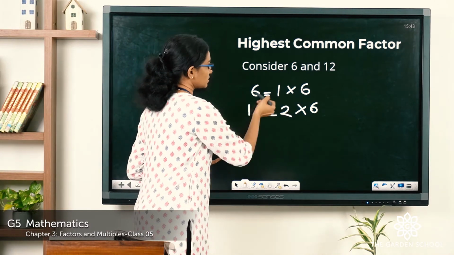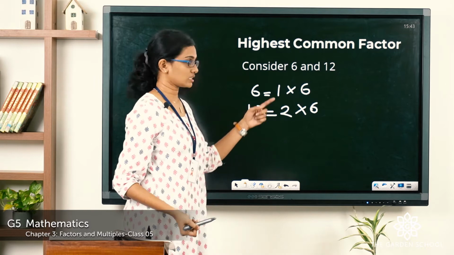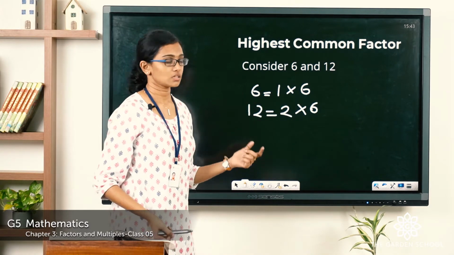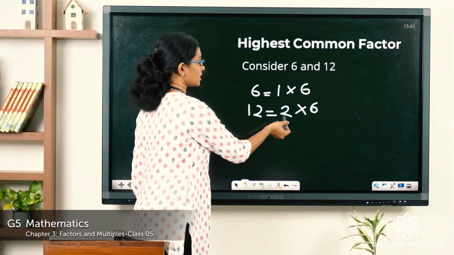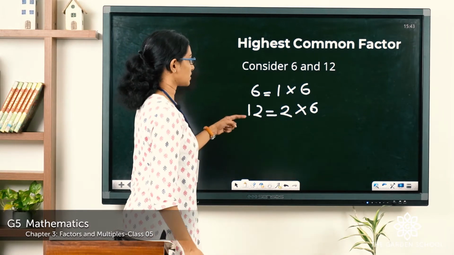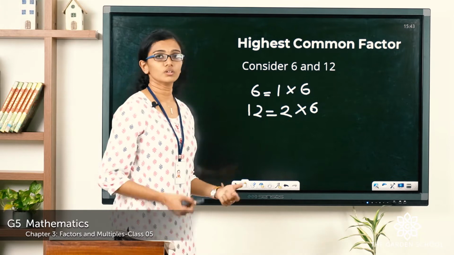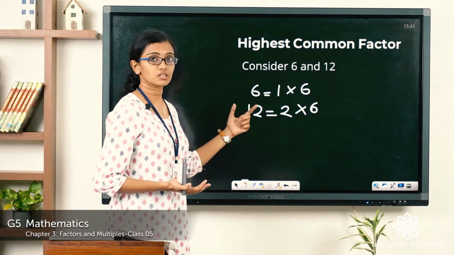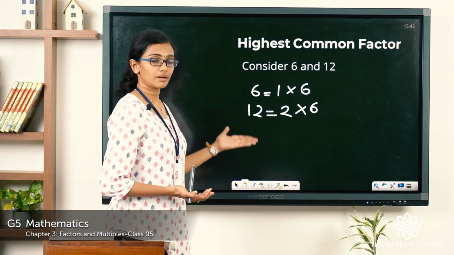So what is 6 divided by 6? It is 1, or 6 divided by 1 is equal to 6. Similarly, 12 divided by 2 is equal to 6 and 12 divided by 6 is equal to 2. There are no remainders. The factors divide the given numbers completely.